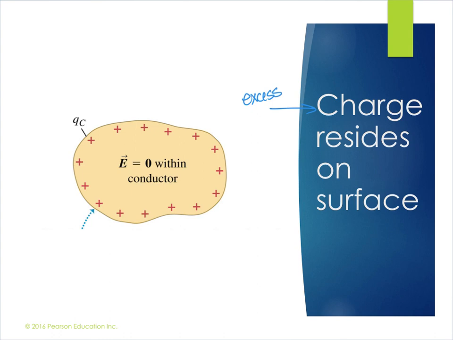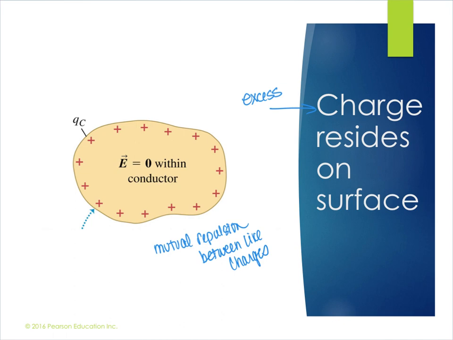What happens is that because of the mutual repulsion between like charges, they will tend to want to get away from each other. The furthest away that they can get from each other is when they get to the surface.